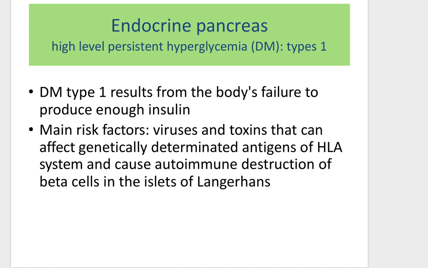What about type 1 diabetes? Several words. Diabetes mellitus type 1 results from the body's failure to produce enough insulin. The main risk factors are viruses and toxins that can affect genetically determined antigens of the HLA system and cause autoimmune destruction of beta cells in the islets of Langerhans.